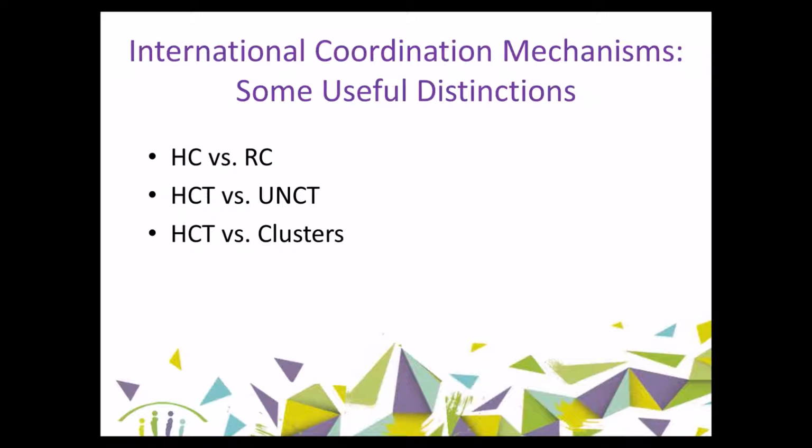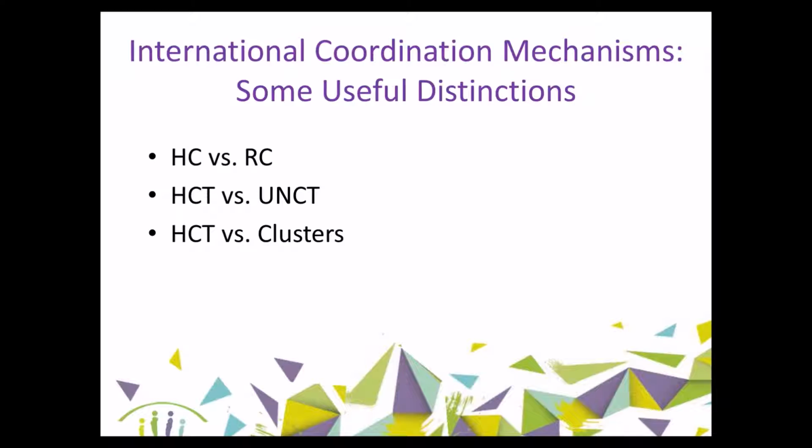HCT versus UNCT. Whereas the UNCT includes the heads of all agencies plus IOM, the HCT comprises only heads of the UN's humanitarian agencies as well as non-UN humanitarian agencies. The UNCT focuses on the UN's support for national development programs, while the HCT addresses strategic issues of the wider humanitarian community.